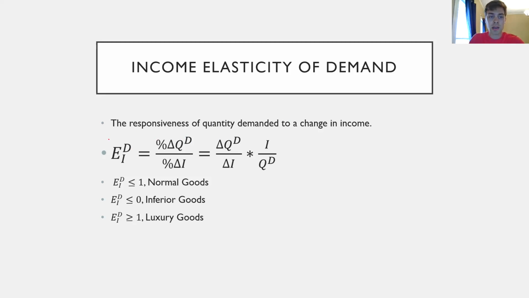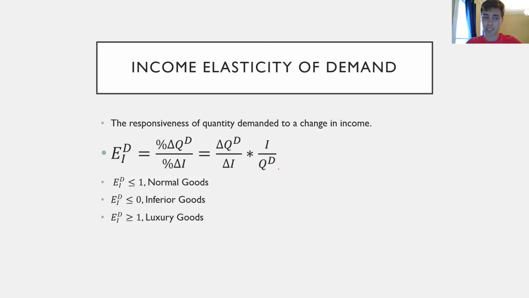And so we can write the income elasticity of demand as the percent change in quantity demanded divided by the percent change in income. Now this looks an awful lot like the price elasticity of demand, but instead of price, we just insert income into the equation. So we could again write this as change in quantity demanded over change in income times income over quantity demanded.